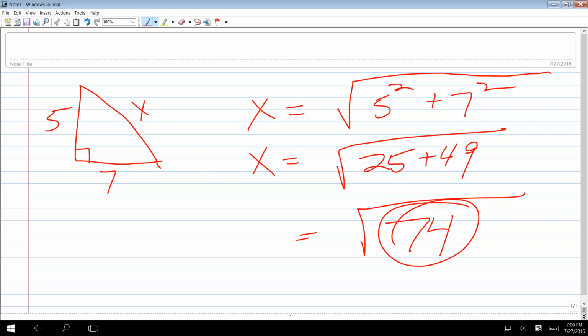In other words, square root of 74 is the answer. There's no way to reduce that. It's not divisible by 4, not divisible by 9, not divisible by 16, any of the numbers that you would typically expect it to be divisible by.